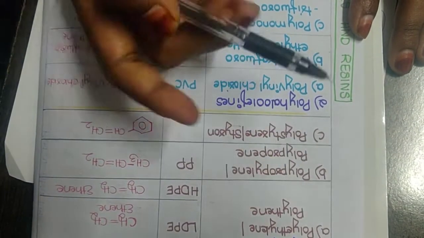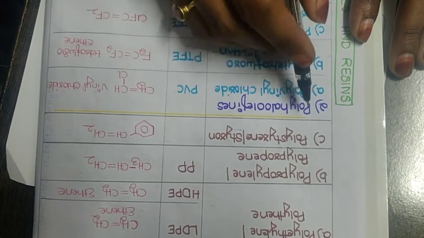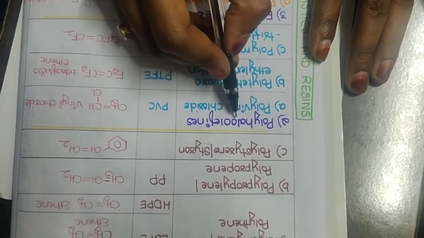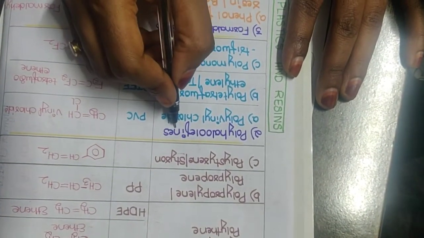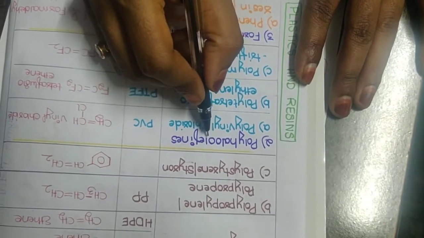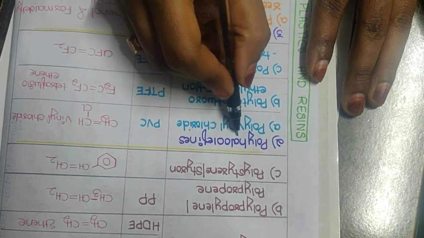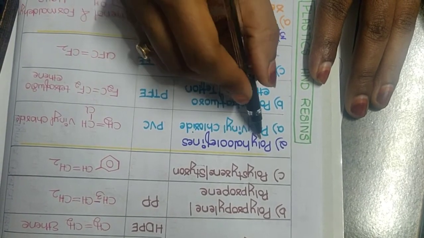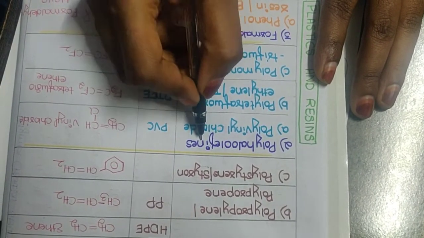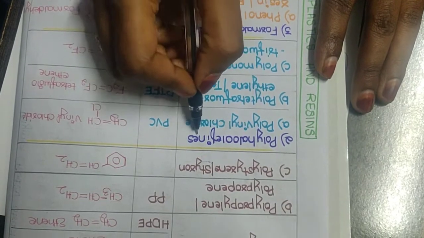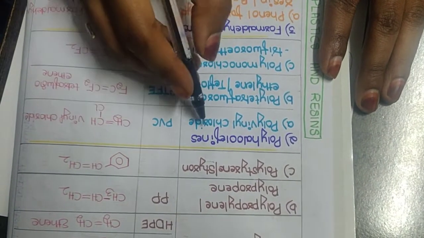Now let us move on to the next class, called polyhaloolefins. Refer, an unsaturated double bonded monomer having a halogen, so they are called polyhaloolefins. Under polyhaloolefins, we have three types to be studied.